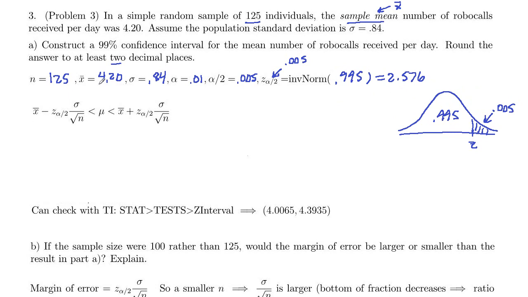So now let's go ahead and do our plugins here. So our x bar value was the 4.20 or 4.2. So we've got 4.2 minus the 2.576 times sigma, 0.84, and we are dividing by root n, which is root 125.